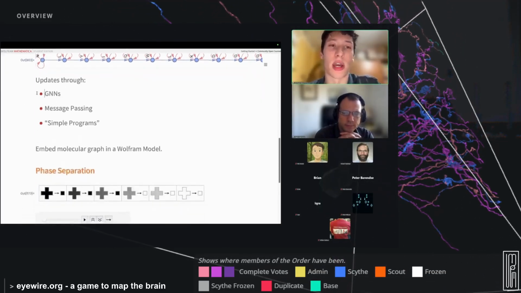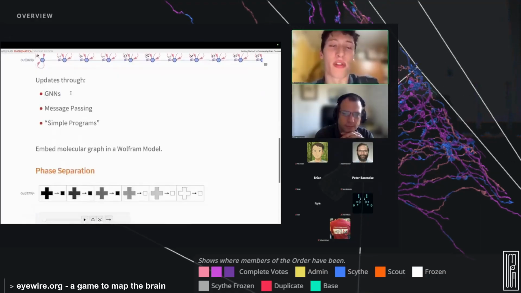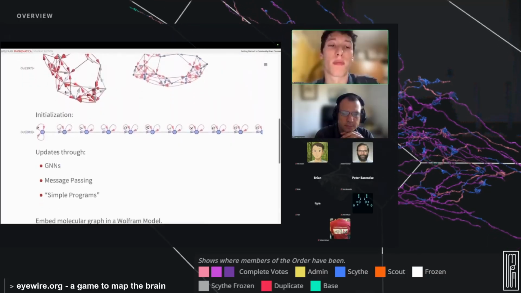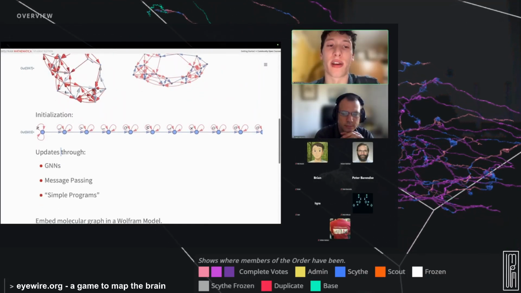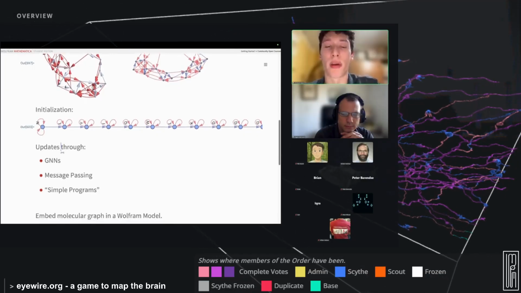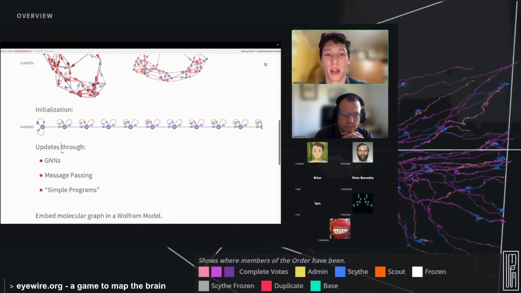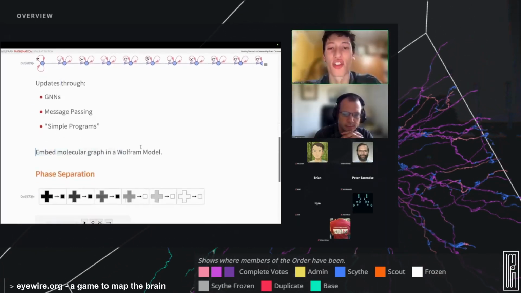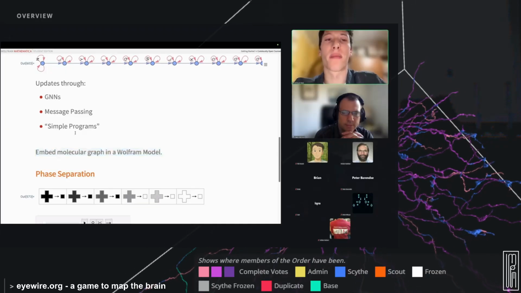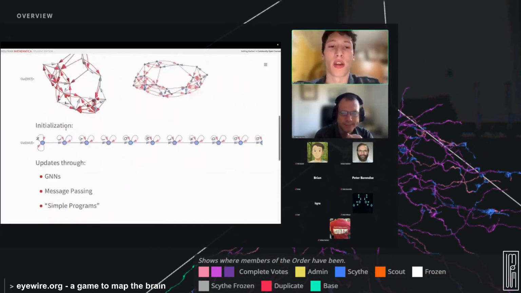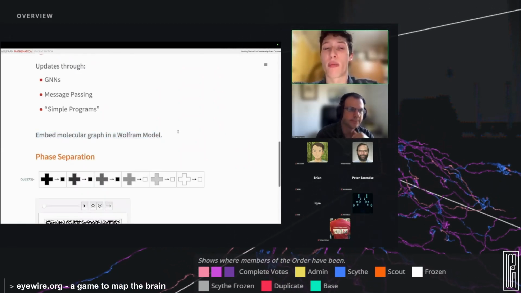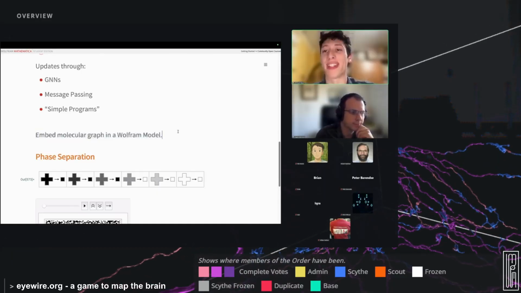And then you can do the updates with graph neural networks, message passing, and you can also probably rather well define these kinds of simple programs that define a sampling procedure, basically. Another thing which potentially could work is that you could embed the molecular graph into a Wolfram model or another thing where the space moves.